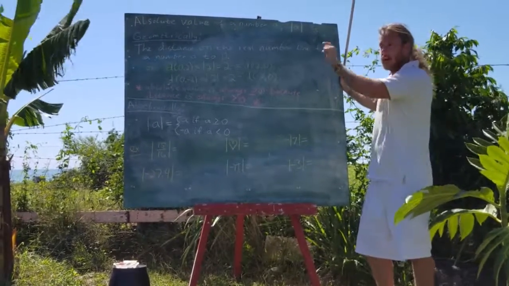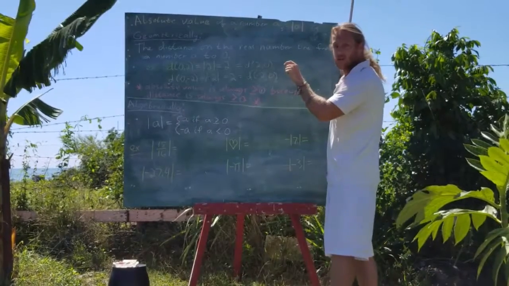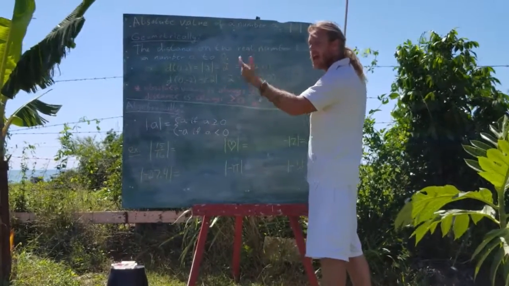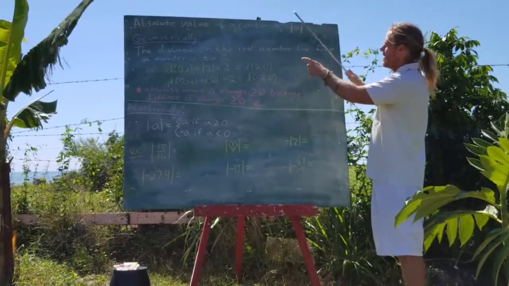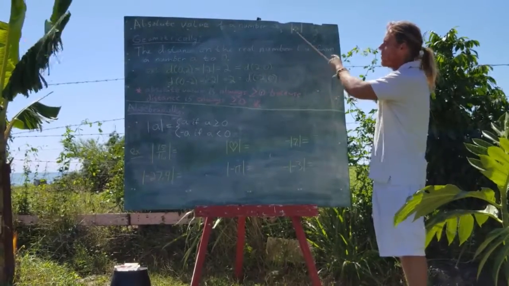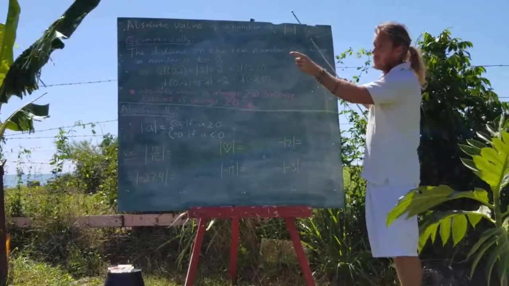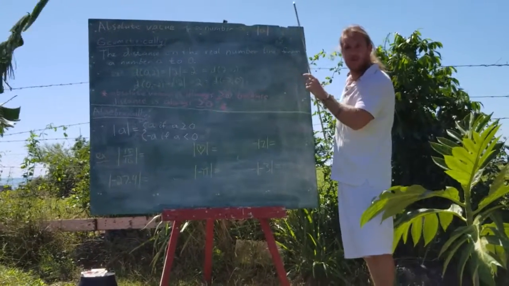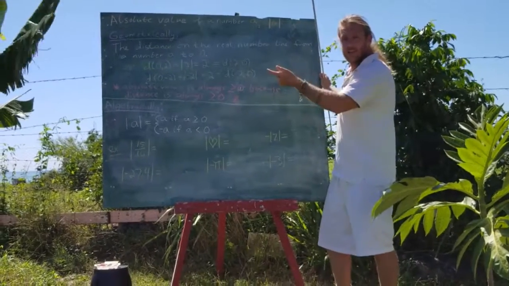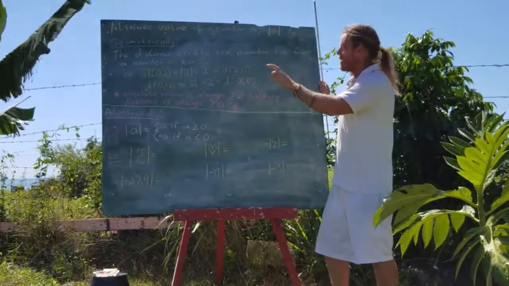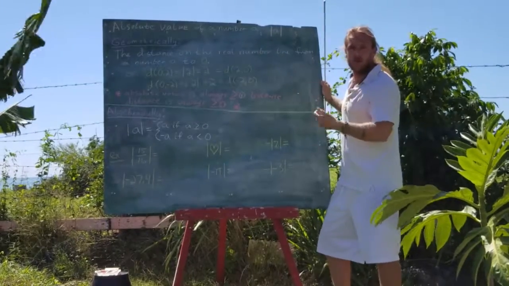Similarly, town B corresponded to the real number negative 80, and the absolute value of town B was the distance on the real number line from negative 80 to 0. Well, the distance we noticed was positive. So the absolute value of negative 80 in that last example is equal to 80.